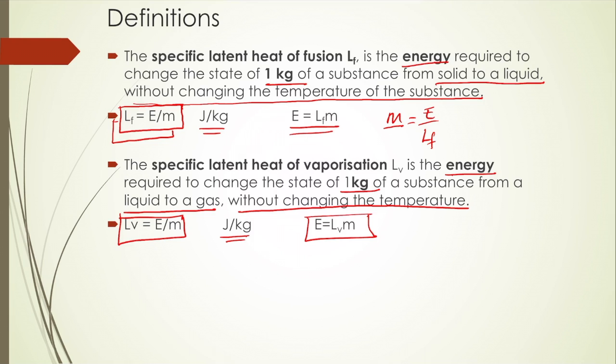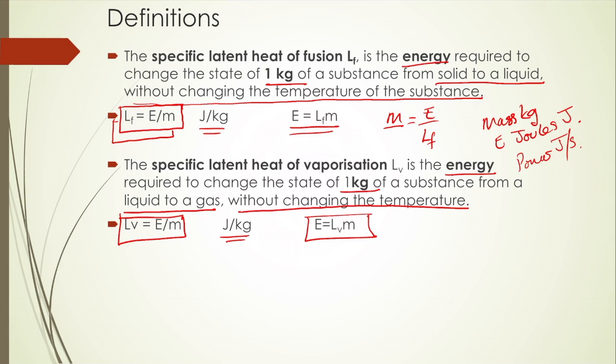Just to reiterate, the units for mass are kilograms. The units for energy are joules. If you want power, it's joules per second, just because that's one of the questions.